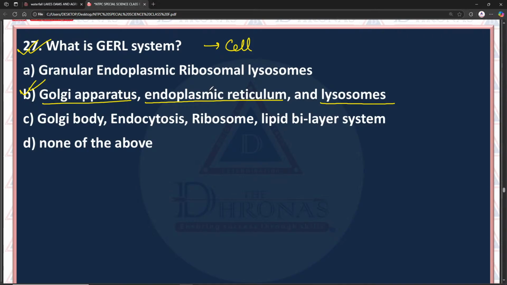The endoplasmic reticulum is responsible for processing of protein and lipids and synthesis of steroid hormones. Lysosomes are important for waste material processing, also known as suicidal bags or atom bombs of the cell.